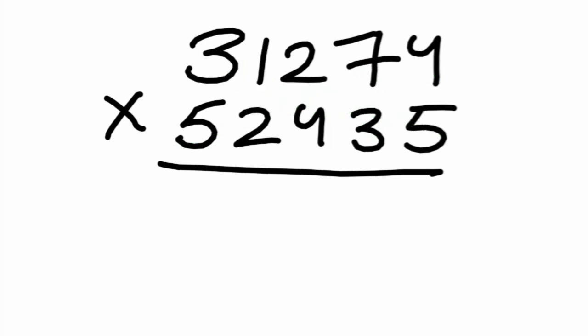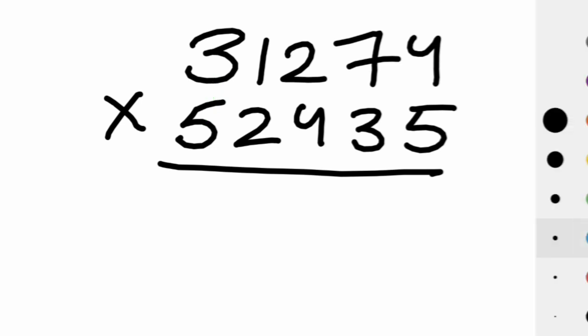After we are done with all the 5 digits, we will multiply 3 into 3, 7 into 5, 4 into 1, 2 into 2, and then again multiply, add the products. 3 into 2, 5 into 1, and last 5 into 3.